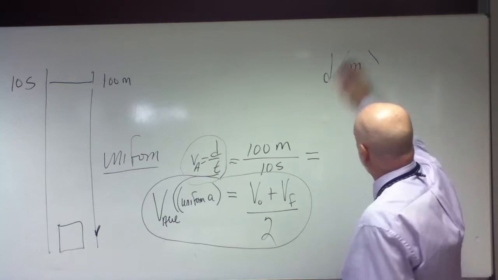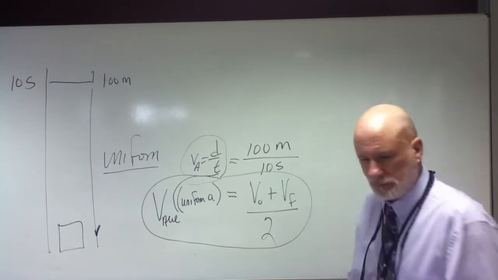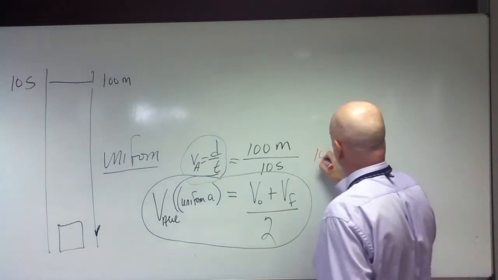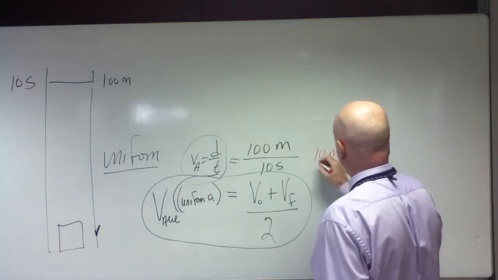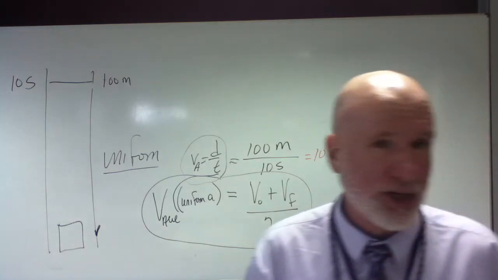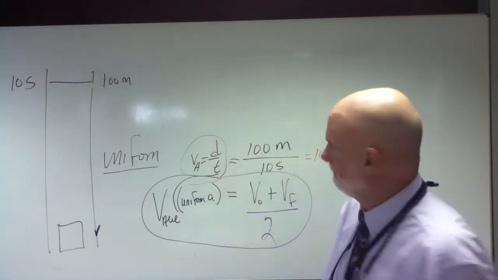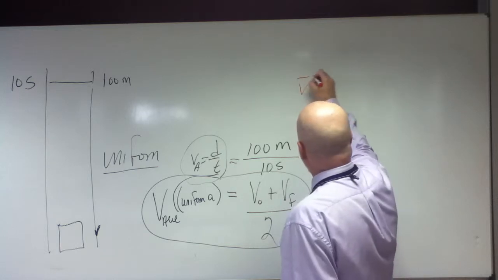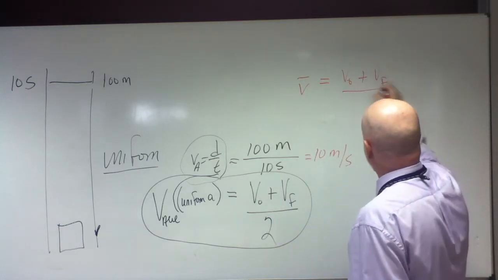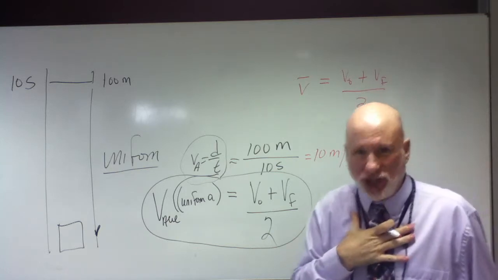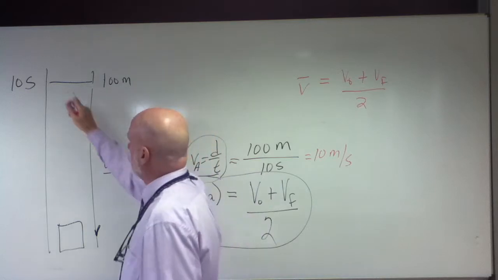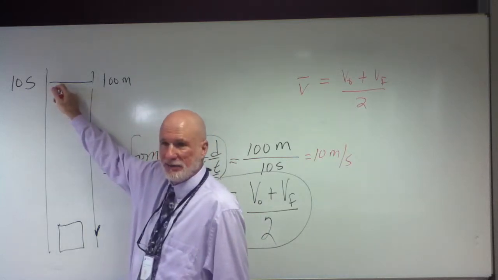Are you ready? All right. We know that this is going to be 10 meters per second, correct? So I have average velocity equals initial plus final divided by 2. And I said to you, I want to know the instantaneous velocity there.